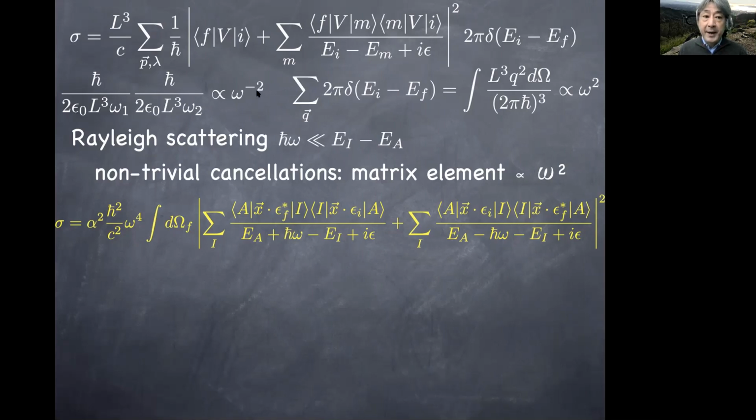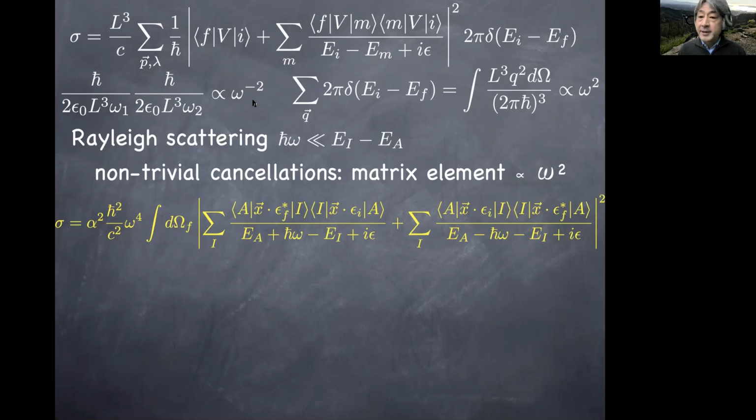And the other factors of omega I mentioned earlier, coming from the normalization of the creation and annihilation operator in the vector potential, lead to omega inverse squared once you square the amplitude. The sum over all possible final states is given by the q squared factor of the spherical coordinate, which is obviously proportional to omega squared.